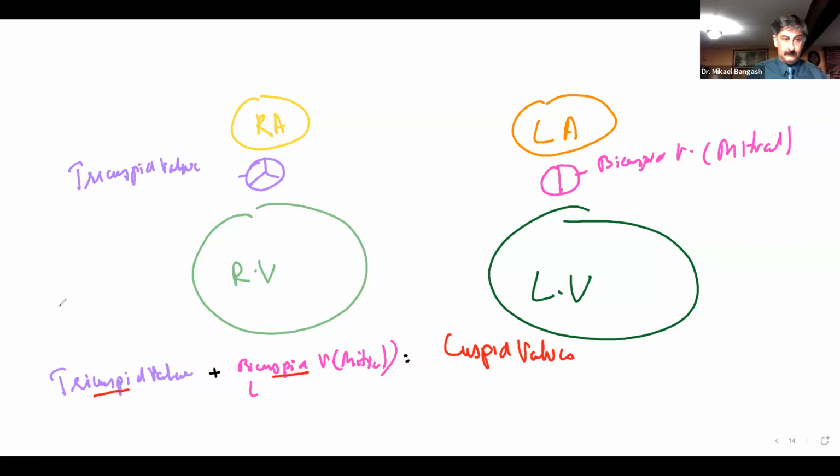But these valves here, the tricuspid valve and the bicuspid valve or mitral valve, can also be grouped together and abbreviated as AV valves. Because the abbreviation A is from atrio, pertaining to the atria, from atria.